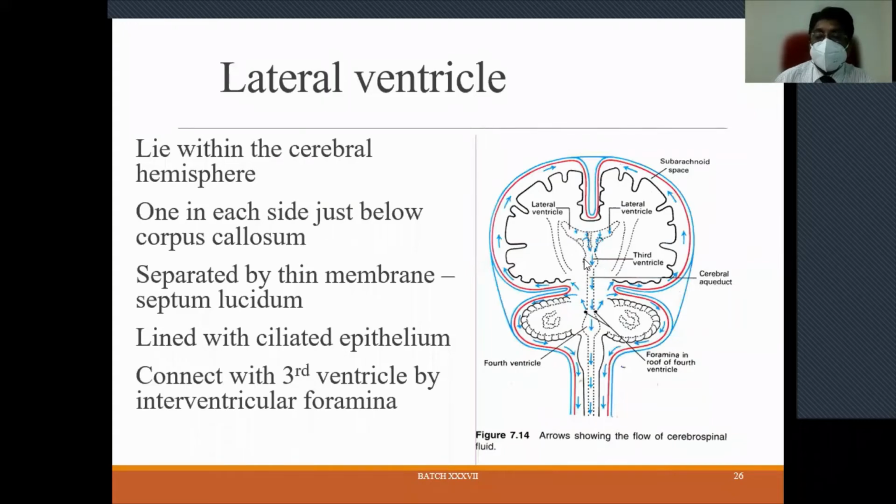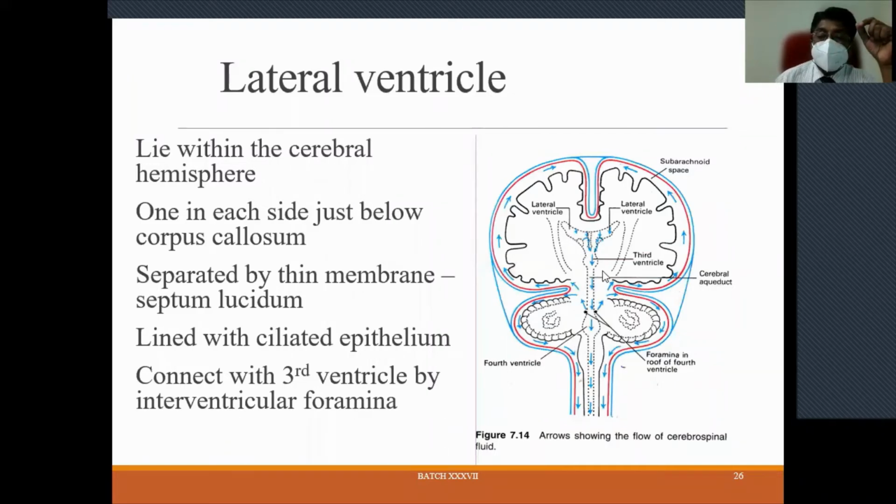So the lateral ventricle is located next to the thalamus, and then it continues downwards to the fourth ventricle, connected by a fairly long canal, a fairly long tube.